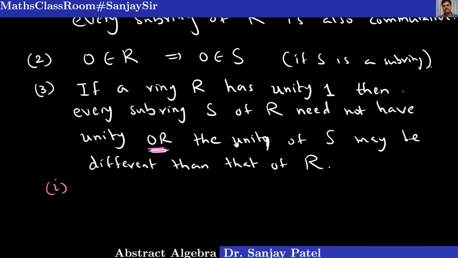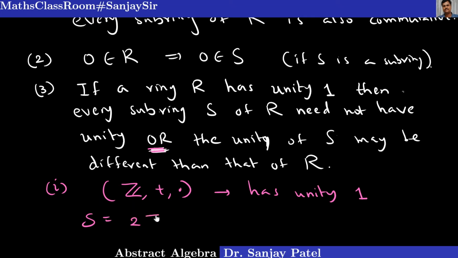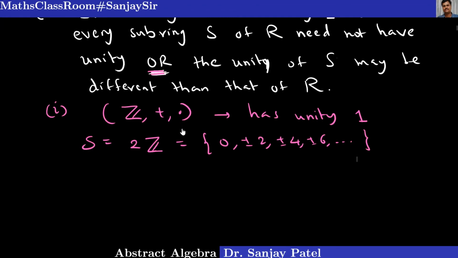If a ring R has unity, for example, the ring Z plus dot, the ring of integers, this has a unity element 1. 1 is an integer in Z and it is the identity element for multiplication: a into 1 is equal to a for every a belongs to Z. But if I take the subring S equal to 2Z, that is all the even integers, 0, plus or minus 2, plus or minus 4, plus or minus 6, all the multiples of 2, we know it is a subring, but this subring has no unity element.